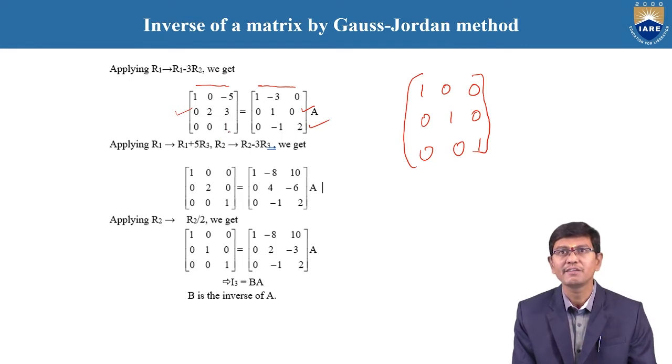With the help of this key value 1, we can easily change the values using R3, that is R2 minus 3 times R3.